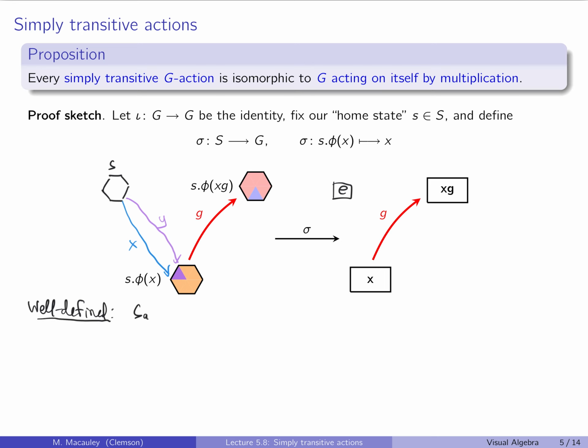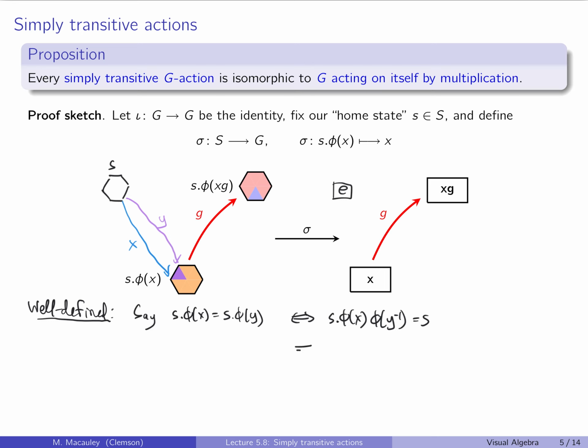So let's say that we have 2 different paths getting us from S to that element. So let's say that S dot phi of X equals S dot phi of Y. Well, that is the same thing as saying S dot phi of X, phi of Y inverse equals S. So I'm just moving this over and then moving the inverse inside.